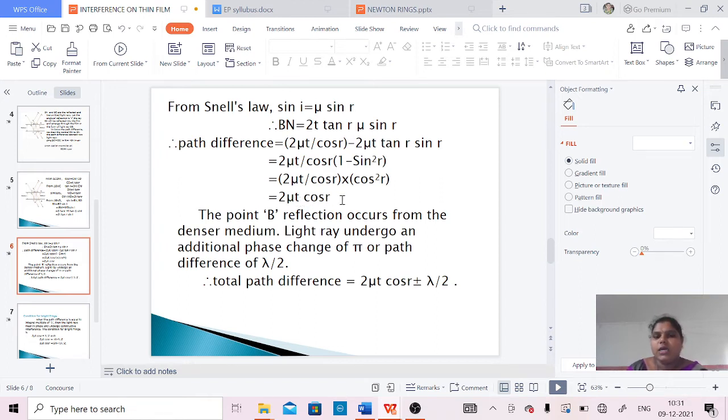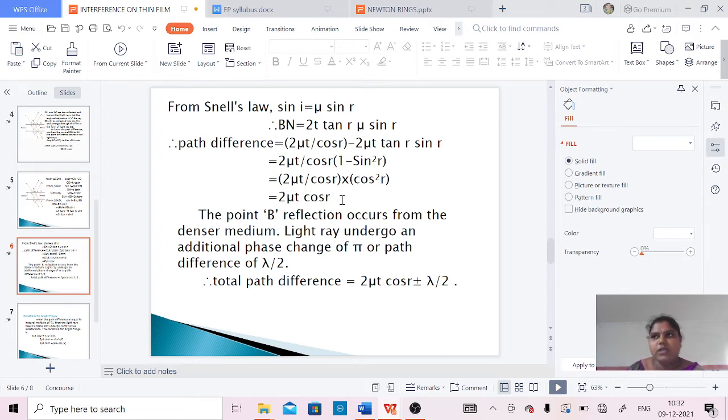Here the reflection at point B occurs from the denser medium, because the film is glass, the denser medium. Then the light ray undergoes an additional phase change of pi, or a path difference of lambda by 2. Whenever it reflects from a denser medium, it definitely undergoes a phase change or path change.